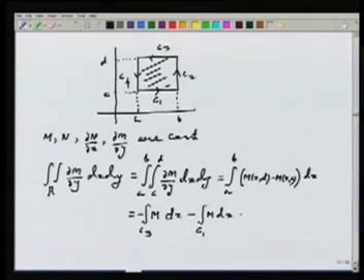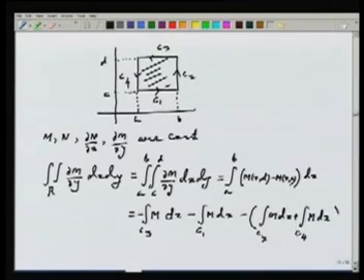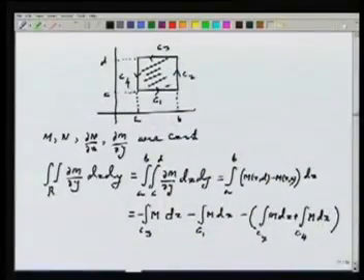So whatever is missing I write here as the integral over C2 of M dx plus the integral over C4 of M dx. But notice that on C2 there is absolutely no variation of x, and on C4 also there is absolutely no variation of x. That means these integrals are actually 0. So the end result is minus the integral over C of M dx.